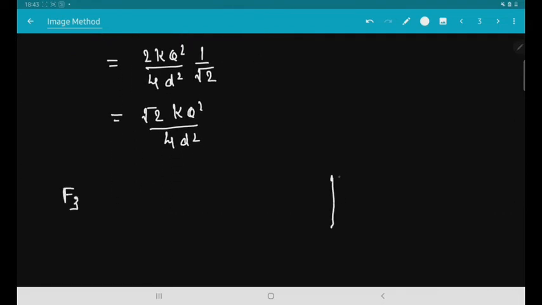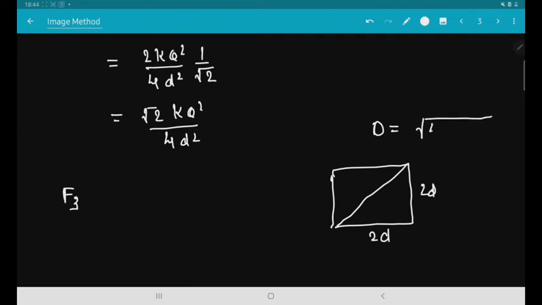Now for F3, we will have to find the distance of the diagonal. Now it is a square, so this is D and this is 2D and this is also 2D. So the diagonal will be the square root of 4D square plus 4D square.